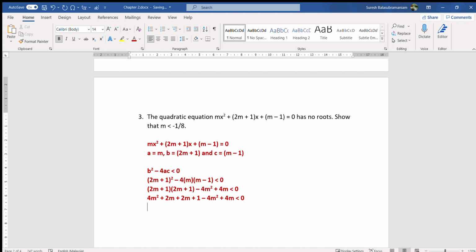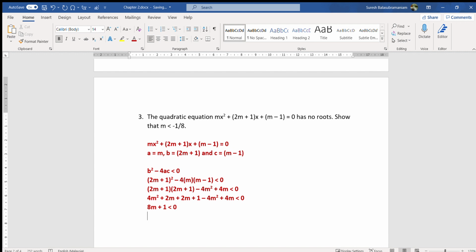Okay, let's try to simplify the inequality. 4m square minus 4m square is eliminated, it's not there. So 2m plus 2m plus 4m becomes 8m, then plus 1 is less than 0.